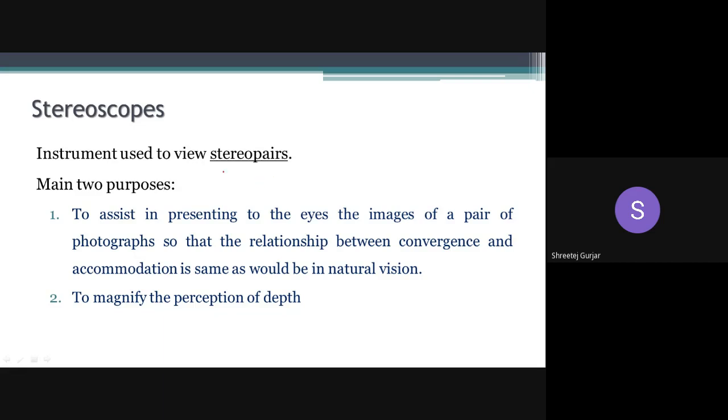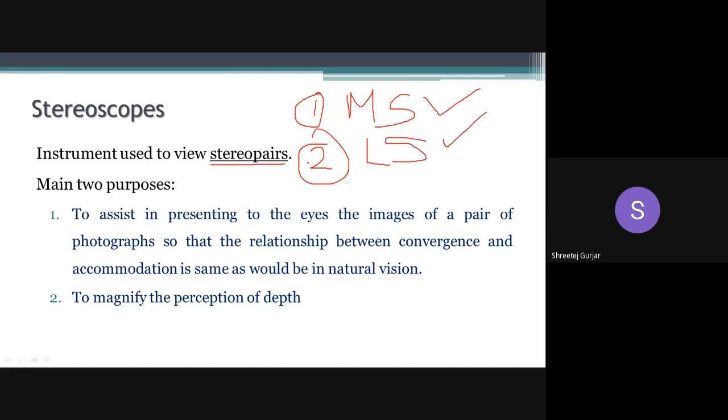Mirror stereoscopes and lens stereoscopes. Very good. So first was the mirror stereoscope, and the second was the lens stereoscope, right? Very good, so you remember.